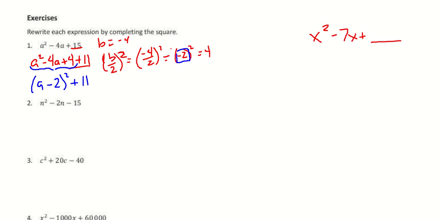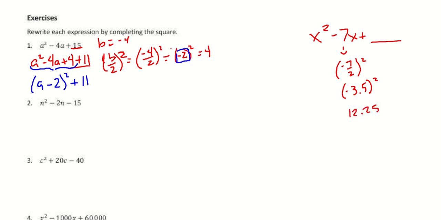Okay, so we're going to take the b term, which is negative 7. We're going to do negative 7 over 2 squared, which is negative 3.5 squared. And if I square 3.5, I end up with 12.25.